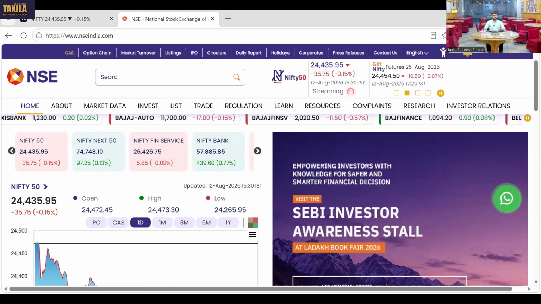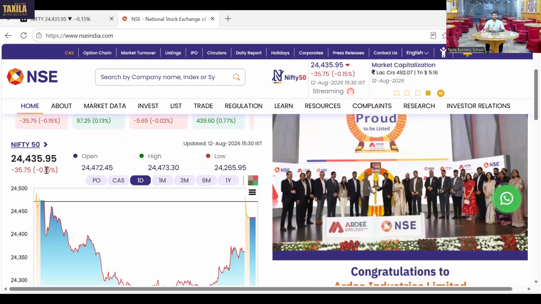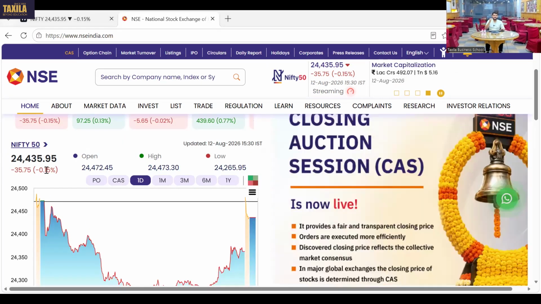Some are thinking there is a catch in writing also. Yes, it means you are able to see the screen. So the price of the Nifty is 24,435, and what's written just below that, minus 35. So today's market was somewhat down, and we call it a bearish market.